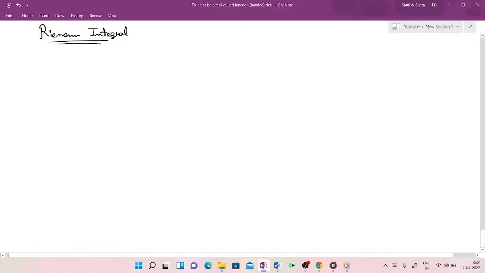So for some function, let's say f, let f be a real valued bounded function defined on some interval I equals to a comma b.